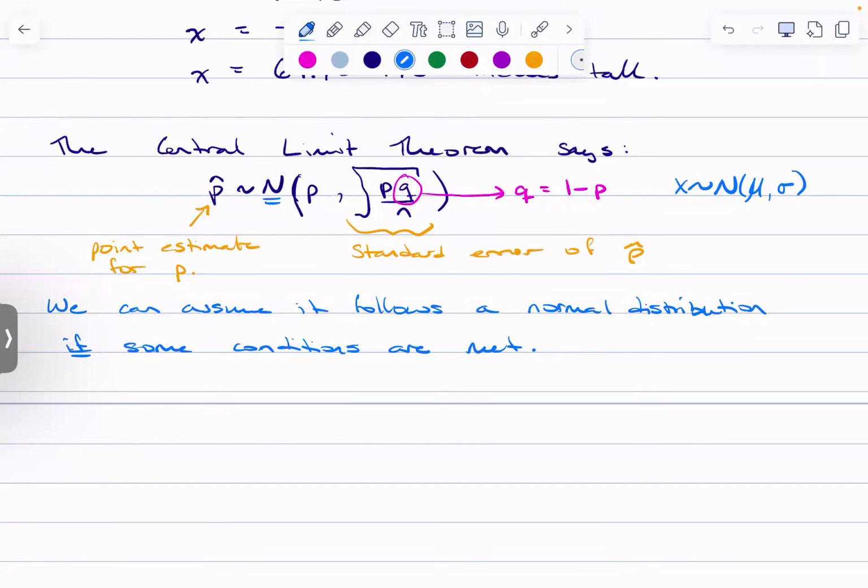So it's not square rooted. The p is the mu, and the square root of pq over n takes the place of the sigma. So it has a different spread, right? It's just a measure of spread. More on that next week.